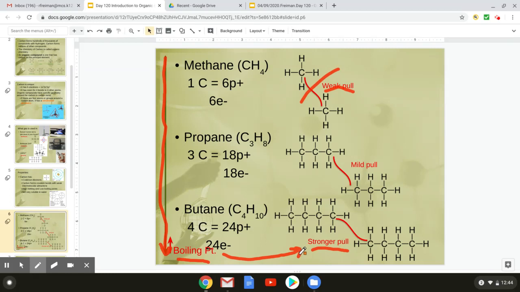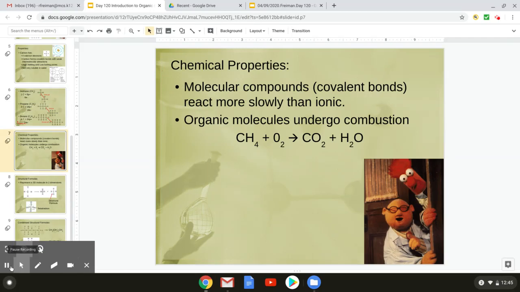Things with strong intermolecular attraction have high boiling points. Things with weak intermolecular attraction have very low boiling points, and they tend to turn into gases very readily. So the more carbons we have, the more intermolecular attraction there is, and the higher the boiling point.